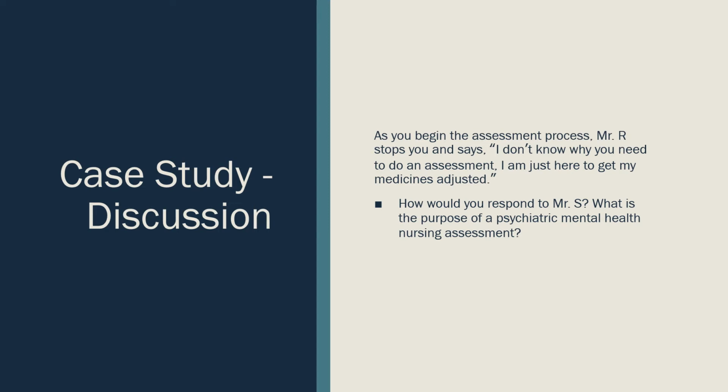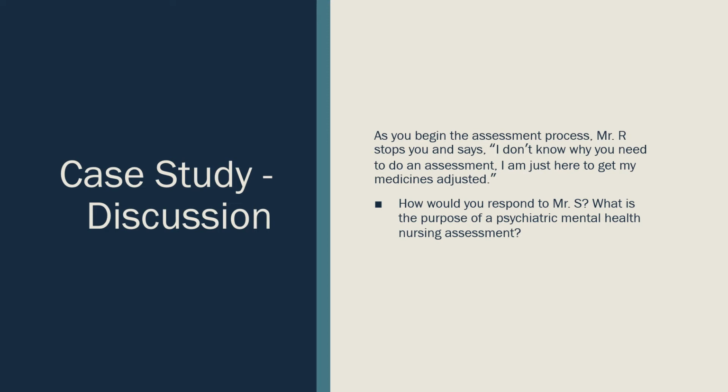So what is the purpose of a psychiatric mental health nursing assessment? We want to establish rapport. We want to build that relationship. We want to obtain an understanding of the current problem or the chief complaint. We want to review the physical status and obtain any baseline vital signs.